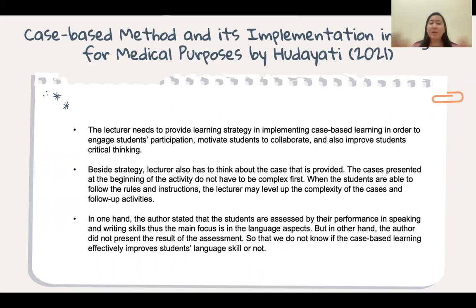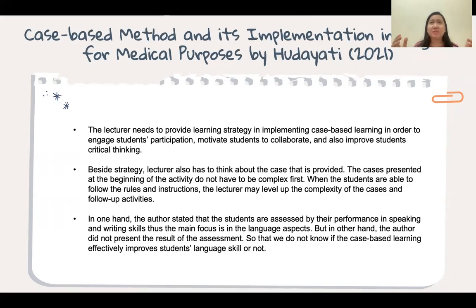And then, on one hand, the author stated that the students are assessed by their performance in speaking and writing skills, and the main focus is on the language aspect. But on the other hand, the author did not present the result of the assessment.